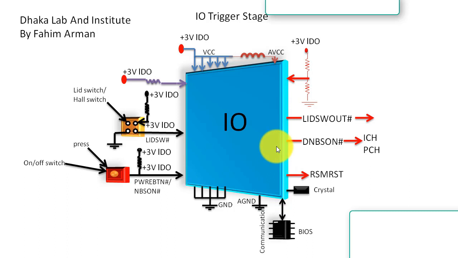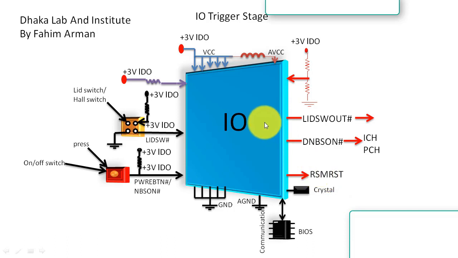A very important signal, and after getting this signal, you can say that total IO supply and IO signals are also okay. Okay, this is the okay condition. You have to check this RSM reset signal.